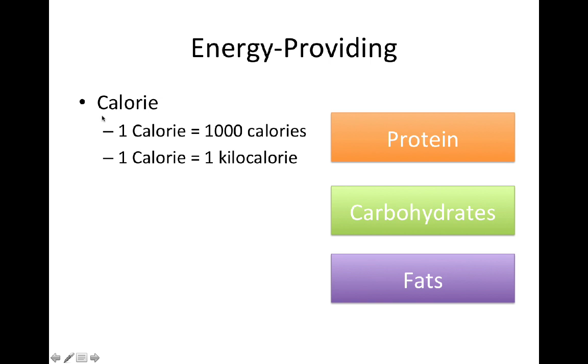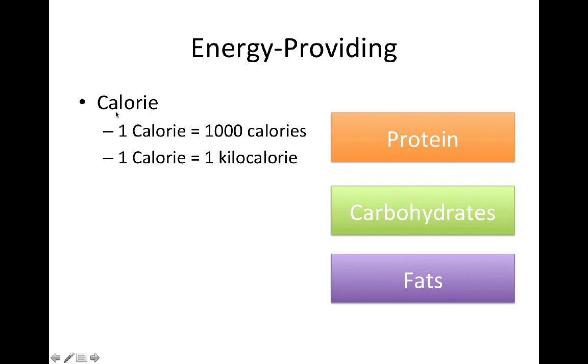Now, what do I mean by providing energy? Well, we define energy in terms of calories. A calorie is defined as the energy required to increase 1 gram of water by 1 degree Celsius. But you can also use this as a food energy measure, since energy can be transformed in many different ways.